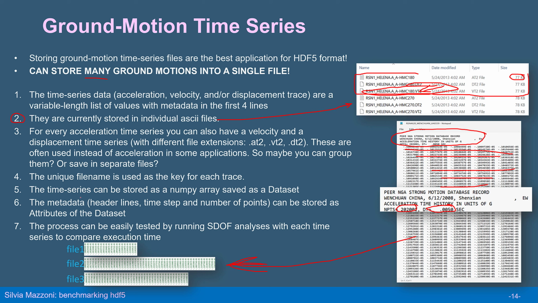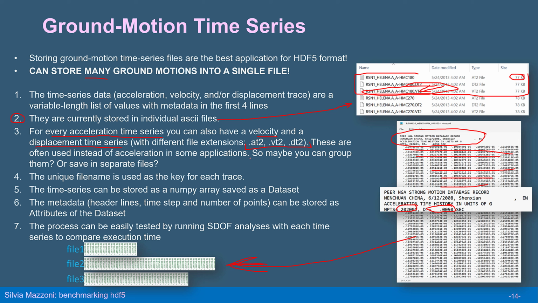Now, as I said, for every acceleration time series, you also have a velocity and a displacement time series. You don't always use those because you can integrate the acceleration time series to get the velocity and displacement. But sometimes it's just easier to have them. The header is kind of the same, except for, of course, the units, which have been changed, and they just have a different extension.